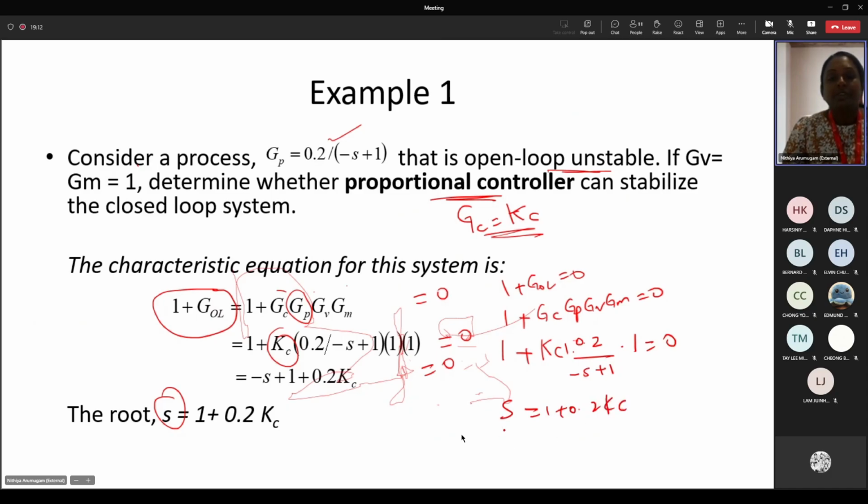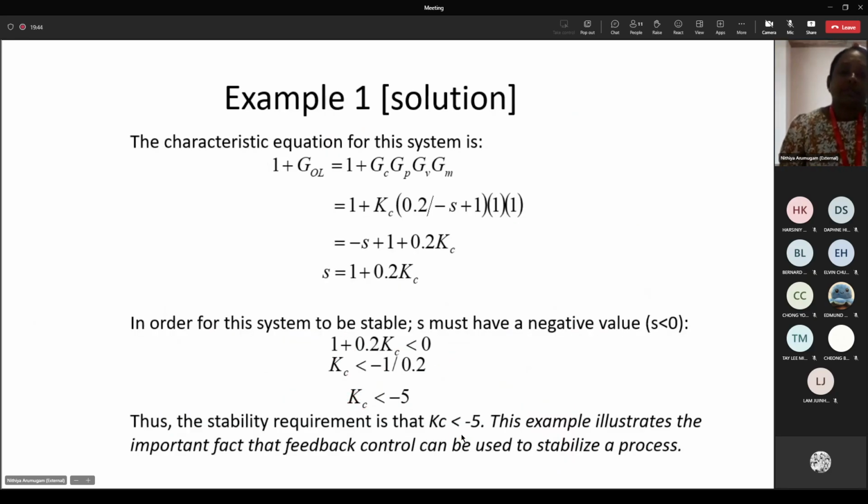Now, if you notice, the root of the closed loop system must be less than 0. So in order to determine whether a proportional controller can stabilize the closed loop system, we have to identify first: for this system to be stable, s must have a negative value, less than 0.